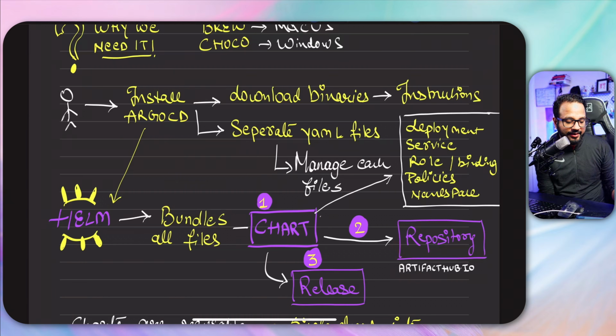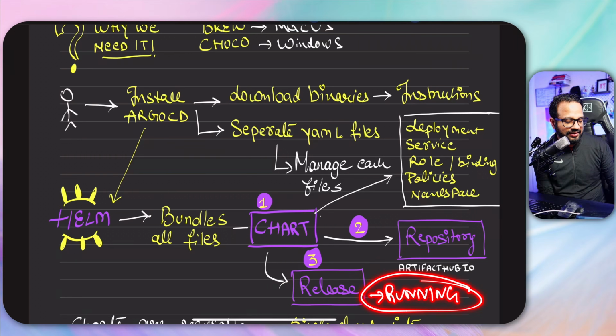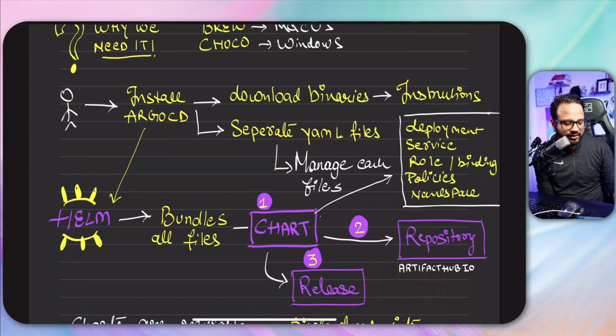Now when you have to, let's say, install this package, you can just pull the chart from the repository and create a release out of it. A release is a running instance of the chart. Let's take the example of Docker. A Dockerfile can be considered as a chart which has a set of instructions on what needs to be done.